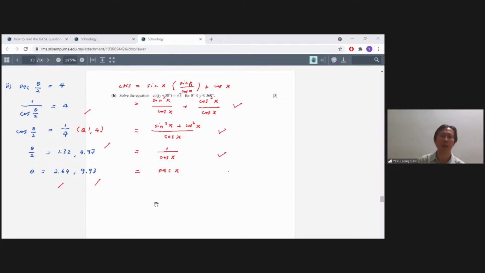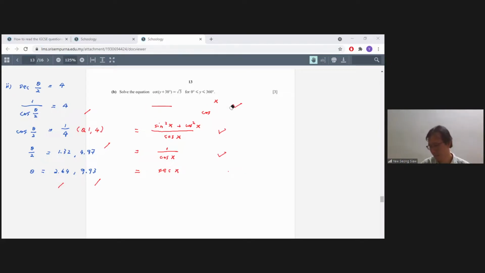Still continue with trigonometry. Solve the equation.